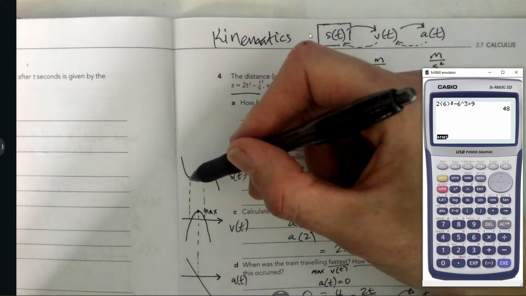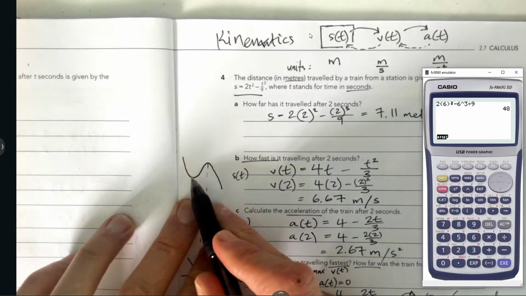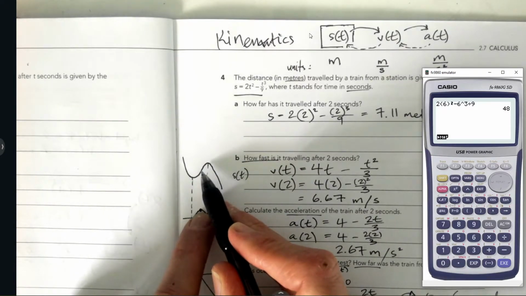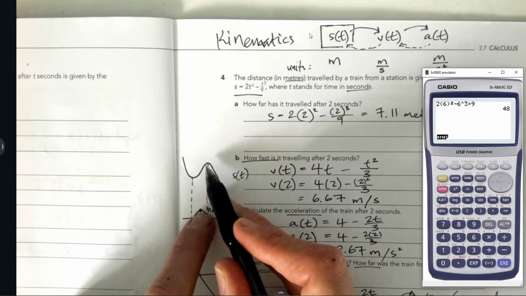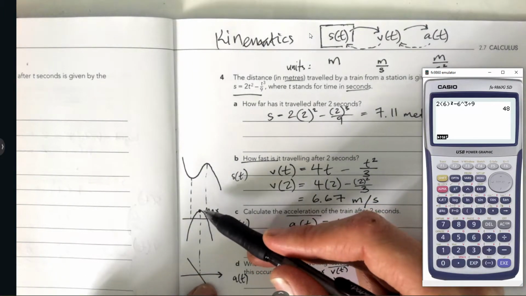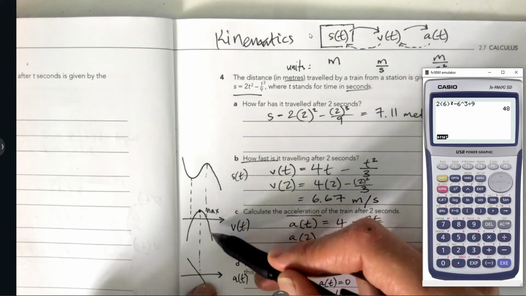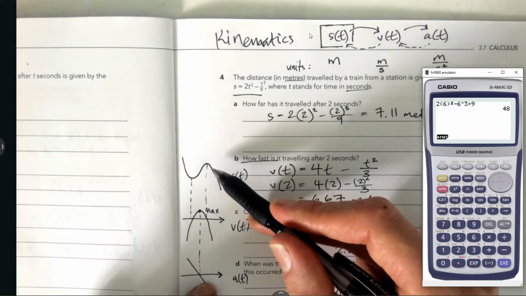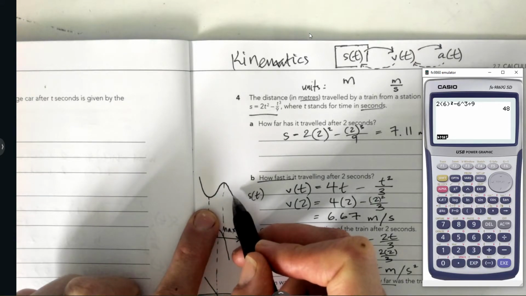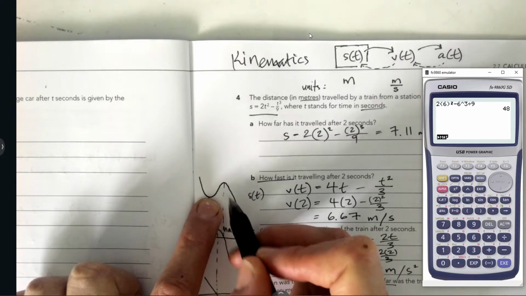Now, where would it actually start? Maybe it's somewhere around about here. The train's going to start, and it's going to get further and further away from the station. Then it's going to start decelerating, right? It's going to decelerate to the point where the velocity actually becomes negative. See down here, the velocity becomes negative. So then it's going to go back. It starts at the station, and when this hits the same point, it'll be back at the station again. So it's like hitting reverse for a while here.